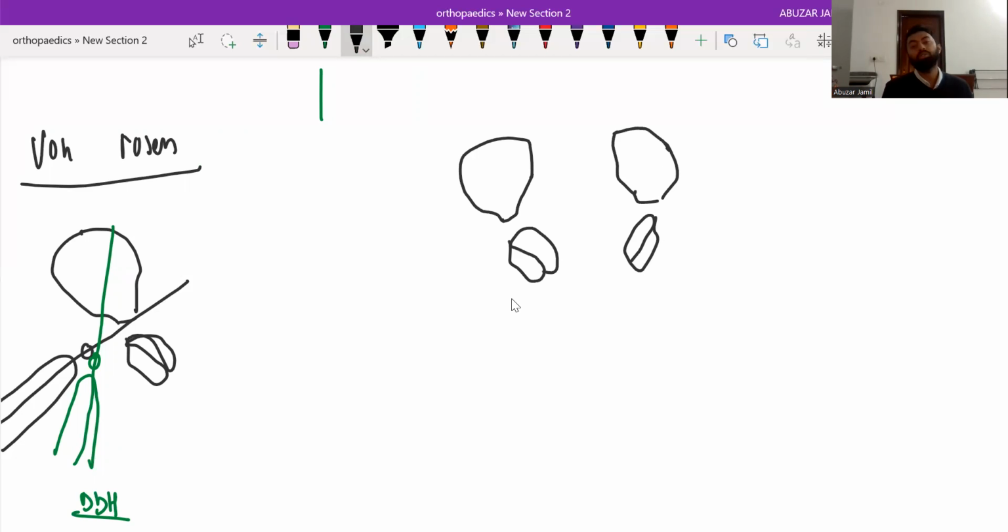So this is the AP view, suppose. We draw two lines. One line is horizontal, connecting the two triradiate cartilages, known as the Hilgenreiner line.